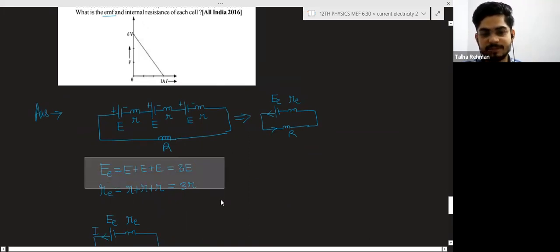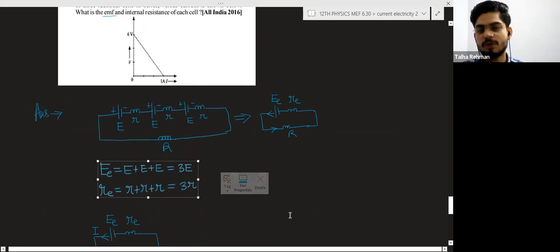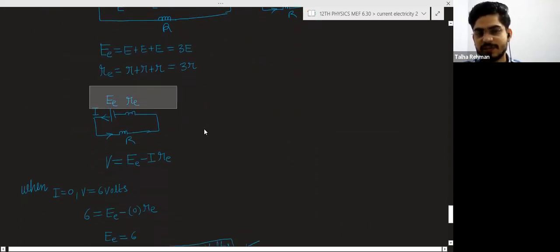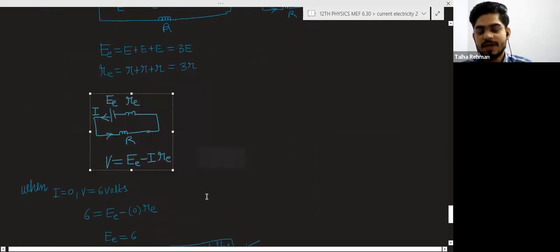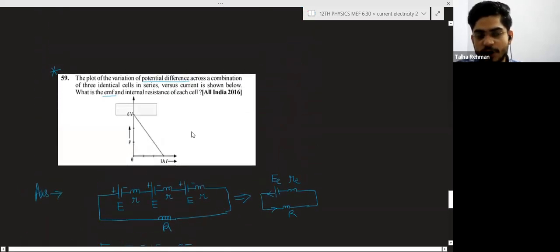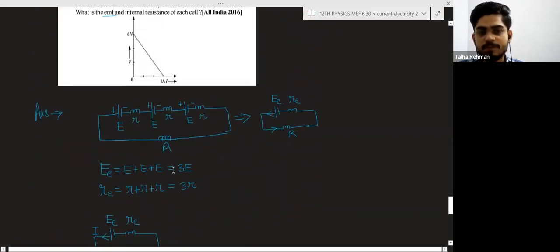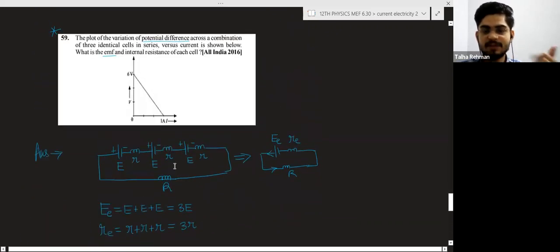You can also solve this question easily. I have just made the equivalent circuit, many times we have. And according to the graph, now I have solved the question. So I will say this is a good question.